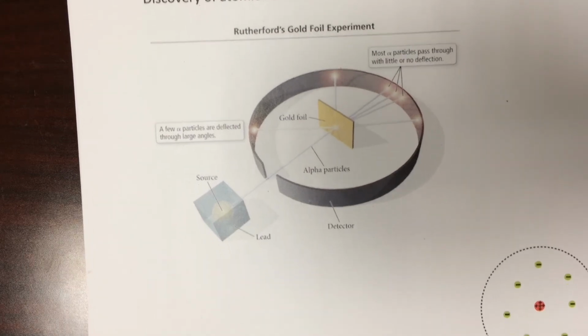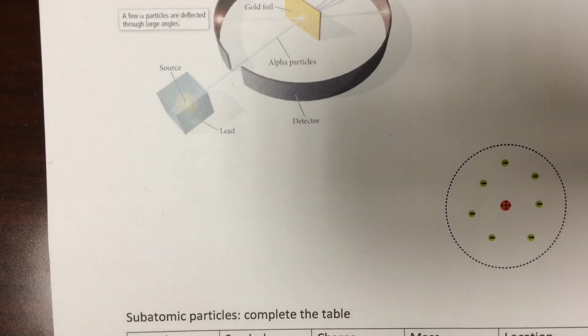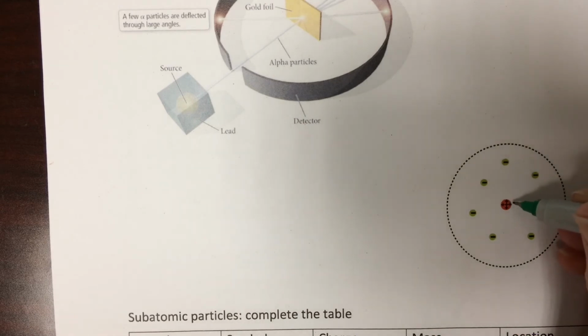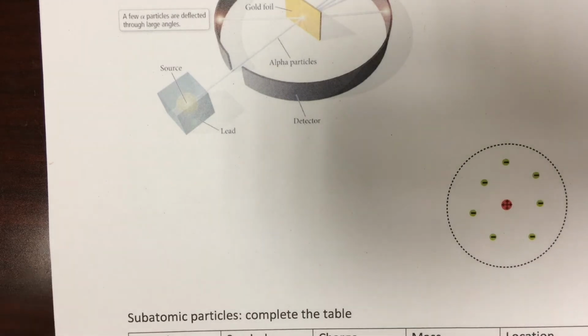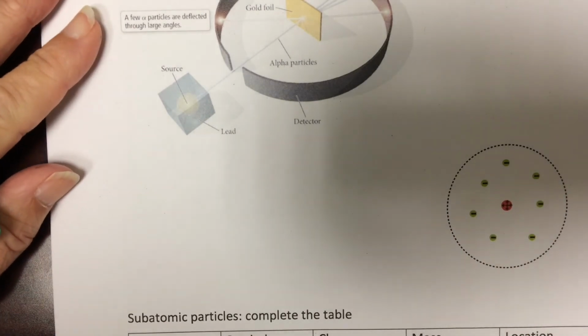And this is the theory that he came up with, very similar to the theory we have now. In the center of the atom, there is a set of positive charge, and it's hard and dense. So the nucleus in the center is positively charged, and it's compact and very dense. Around the outside, we have electrons in mostly empty space.